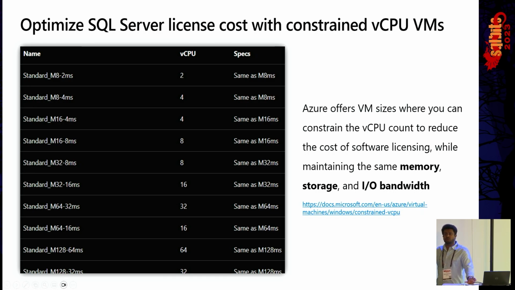Those are constrained core VM options. If you are a shop where you really care about that factor of licensing, we ask you to go ahead and check out the constrained core VMs.